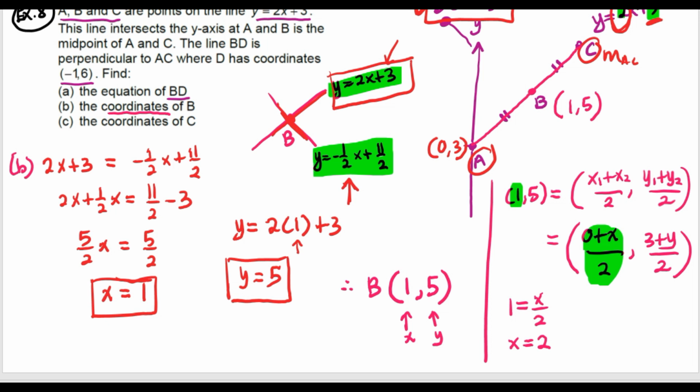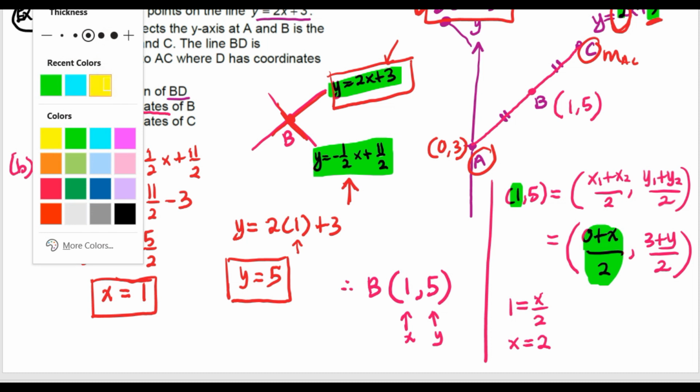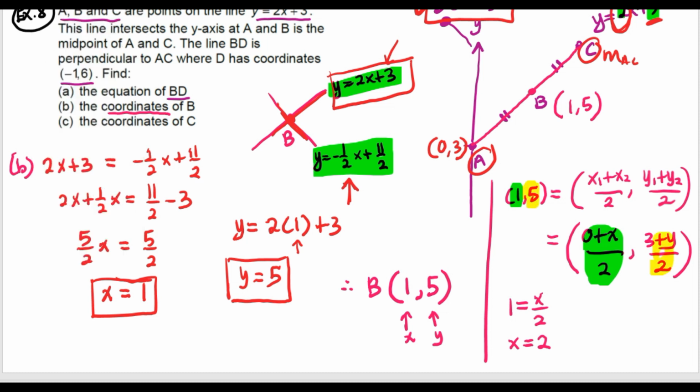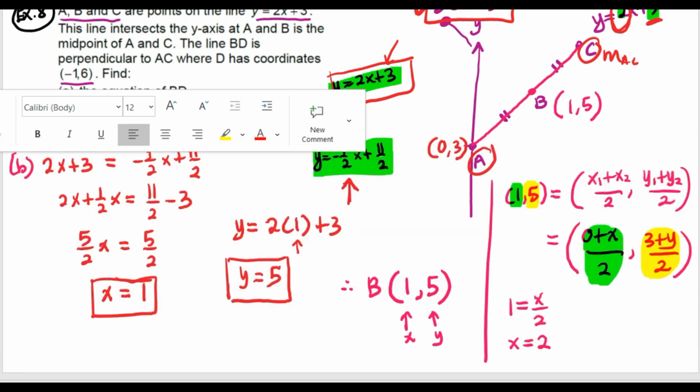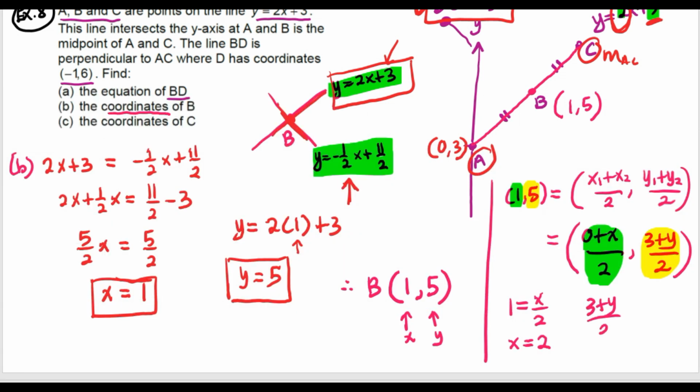For the next one, we compare this part: 3 plus y divided by 2 is equal to 5, therefore 3 plus y is equal to 10, and y is equal to 7. So the coordinates for C is 2, 7. So we are done.